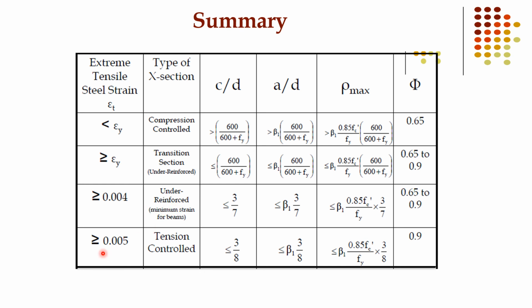And if your strain value is greater than or equal to 0.005, then that is tension-controlled. All the values I have discussed in the previous lectures, this is just the summary. For example, compression control φ is 0.65, for tension control 0.9, and for the transition you have to interpolate. Rho maximum value for tension control, for compression control, similarly for transition. a and a over d values we have also discussed in the previous slides.